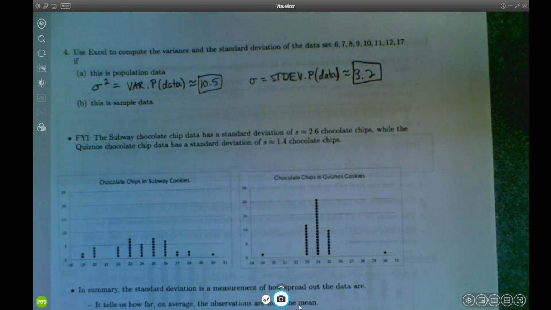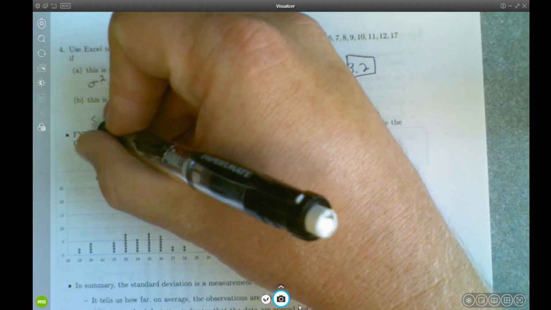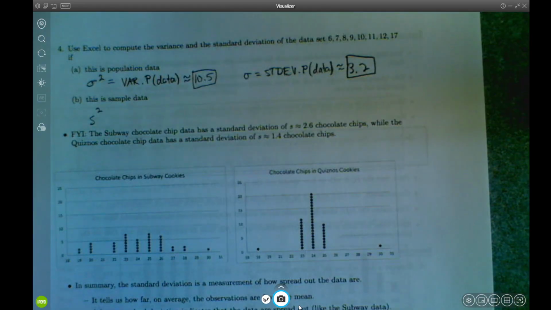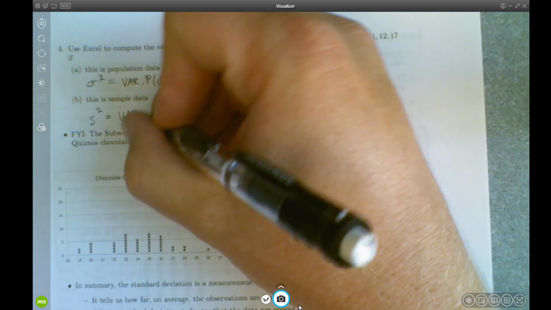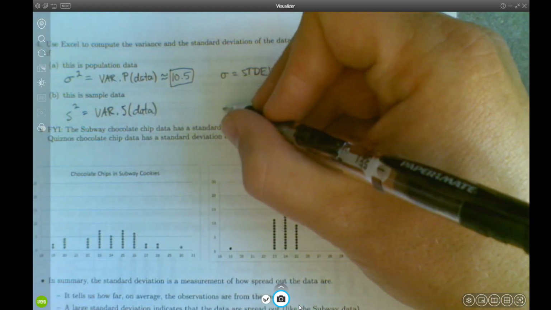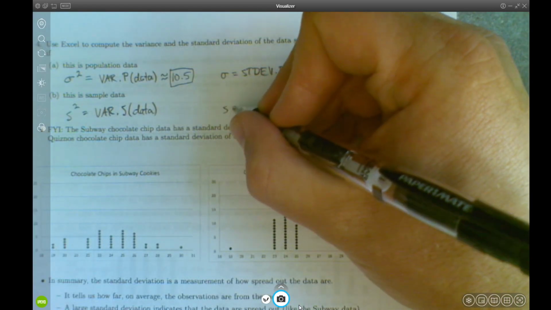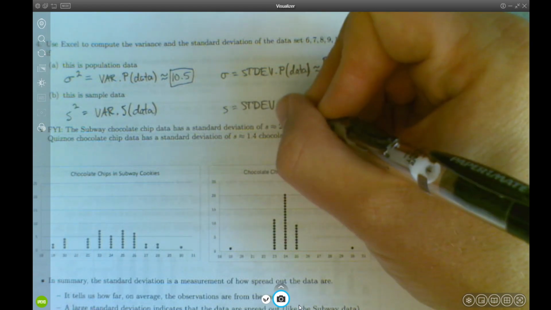Let's do the same calculation, but assuming that we have sample data. So for sample data, the variance would be s squared, and in Excel we would calculate this by going to var.s, s for sample. And for the standard deviation, it would be s equals standard deviation.s.